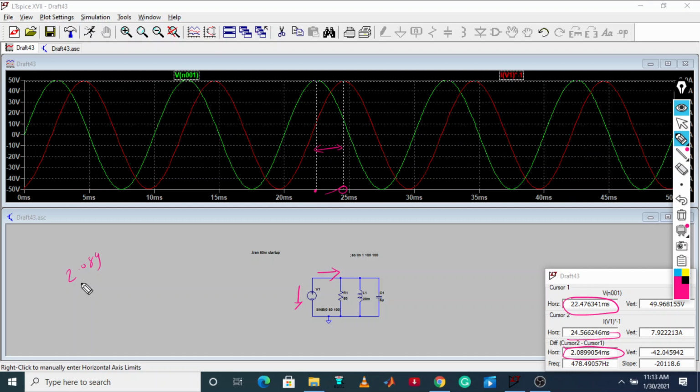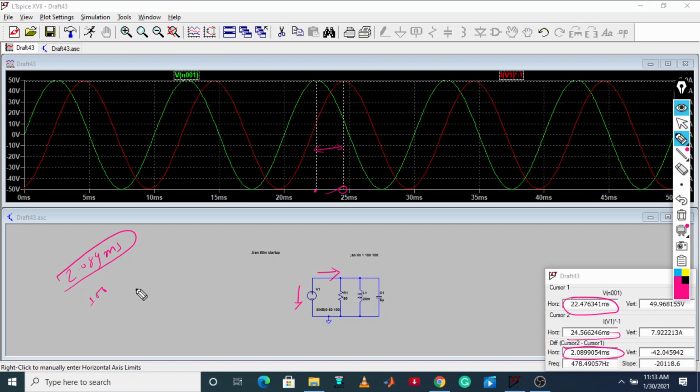Because we are just doing it by keeping the cursor, it is 2.089 millisecond. Now what frequency have we taken? We have taken 100 hertz. What will be our time period? 1 divided by 100 is 0.01 second.